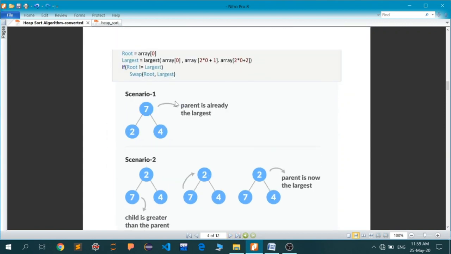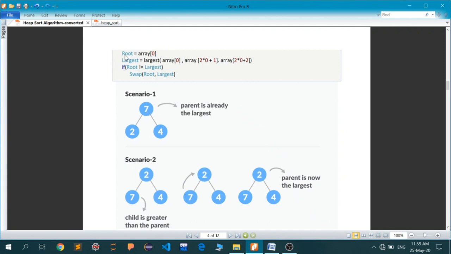Let's pass a small array with only 3 elements, that is 7, 2 and 4, and I have passed the array to the heapify function. What the heapify function will do is first assign the element at the 0th index, which is 7, as the root.